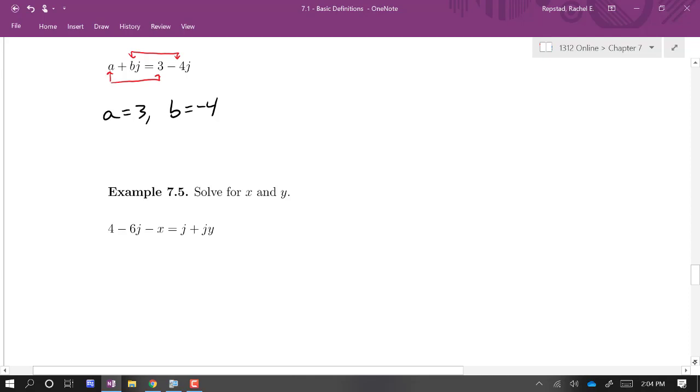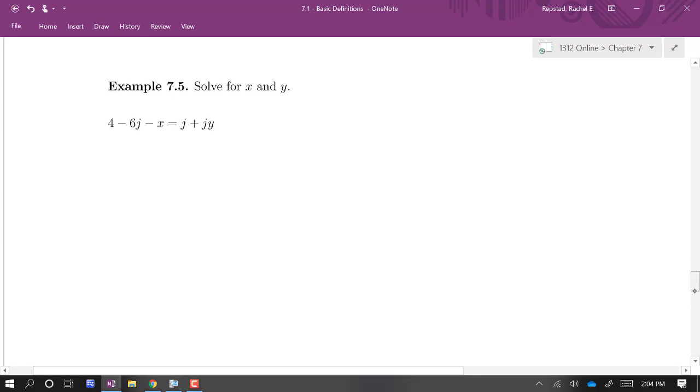Next, this one has a little bit more going on with it. So I'm going to first just write both sides of the equation, both of these complex numbers, in rectangular form. So on the left side, the real part is 4 minus x. And then we're subtracting 6j. Now there's no reason why I have to use parentheses around 4 minus x.